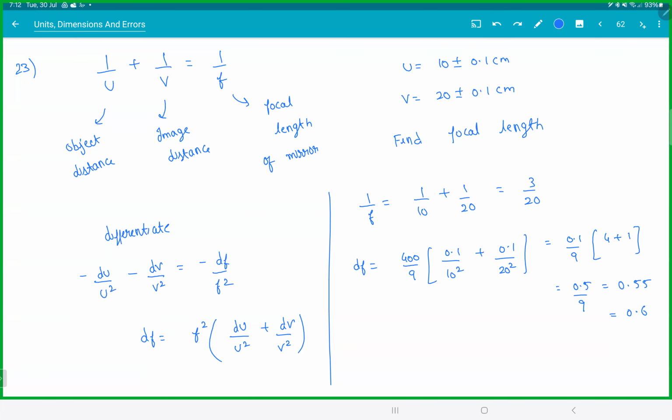And then yeah, done. So focal length would be 20 by 3, so that is 6.66 centimeter. We need to round off that also. f is 20 by 3, so this would be 6.7 centimeters. 6.7 centimeters plus or minus 0.6 centimeters. Sir, that will be 0.055, no?